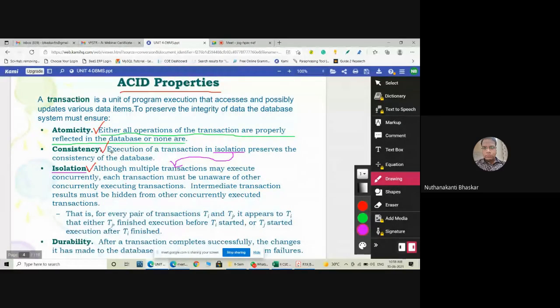So execution of a transaction in isolation preserves the consistency of the database. There is no problem in transactions when we are executing in an isolated way. So this is the meaning of isolation and consistency.